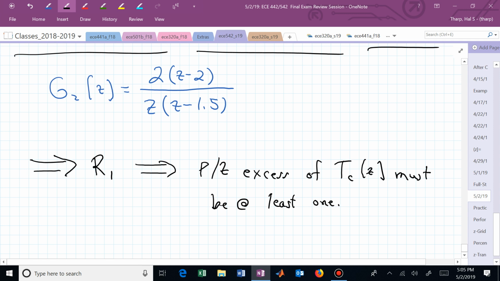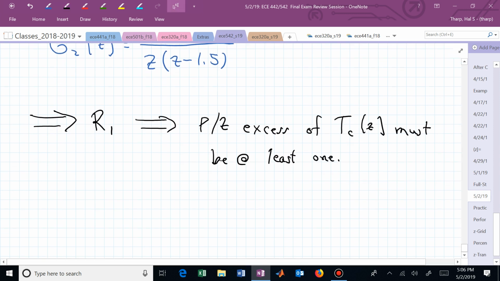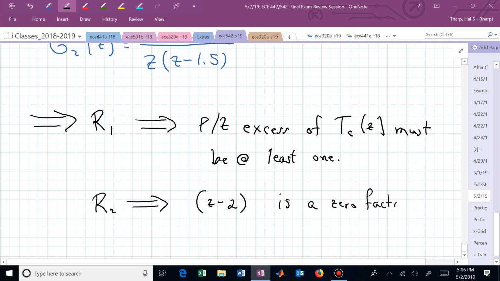Do we need to worry about any others? We didn't in the last one. Now we need R2 because we have a 0 outside the unit circle. That means that the z minus 2 factor needs to be a part of T sub c of z. So this is a 0 factor in T sub c of z.